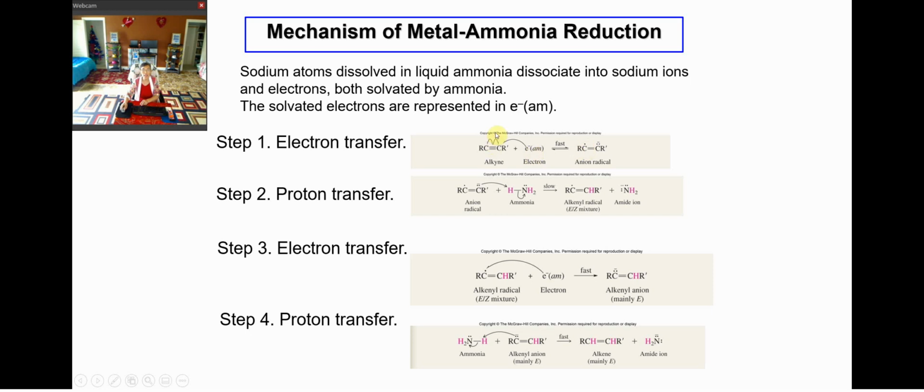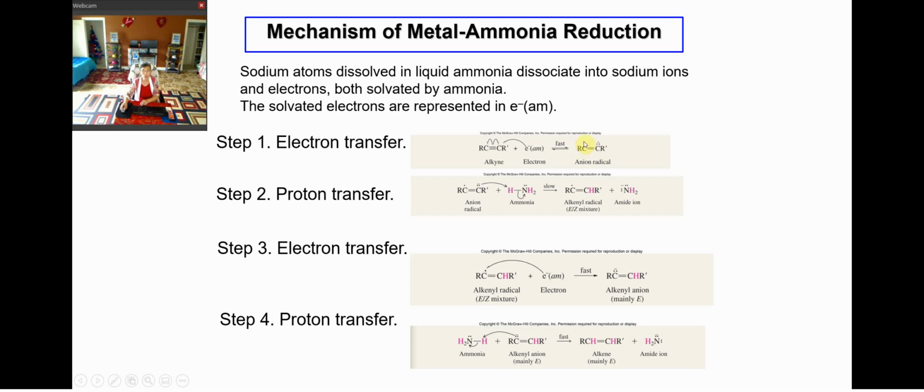The second electron is retained by another carbon. This carbon on your right-hand side, let me call it the beta carbon. This beta carbon will accept the solvated electron from ammonia. The ammonia solvated electron is going to form a pair with the single electron. Therefore, you form this negatively charged radical.